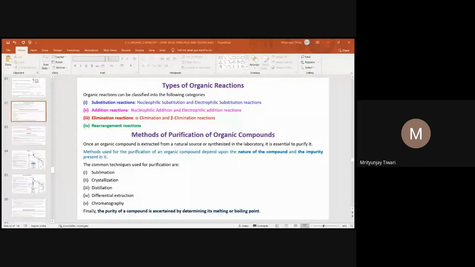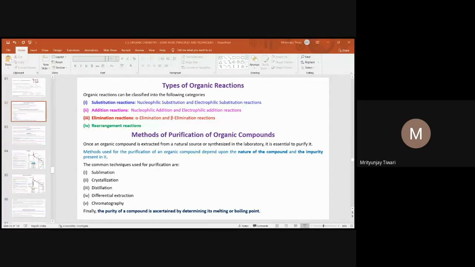So these are some very important methods that we talked about, which we use for the purification of organic compounds. The first is sublimation, then crystallization, then distillation, the few methods of distillation we saw, then the differential extraction, and then chromatography, and two methods of chromatography that we saw in our last lecture.